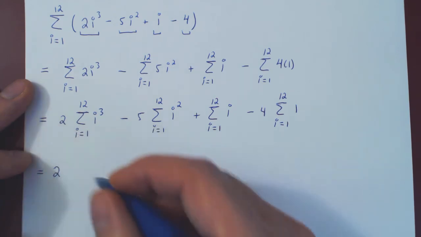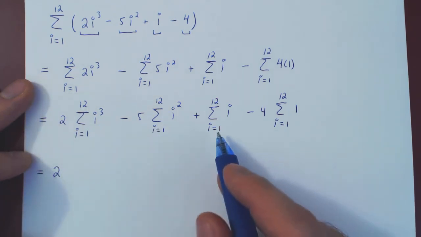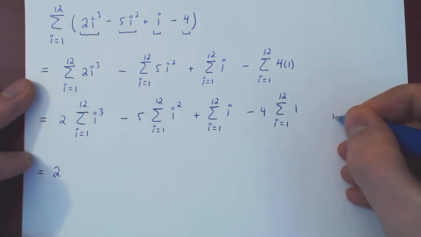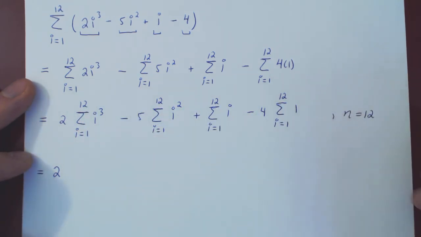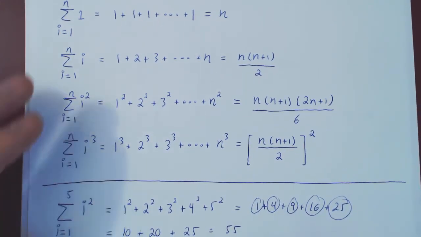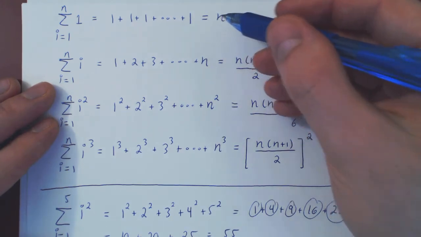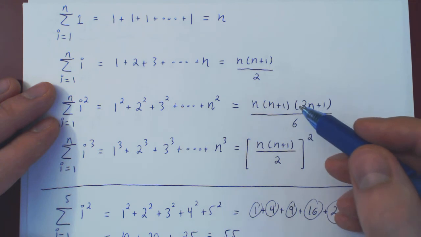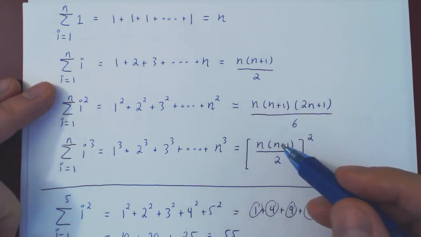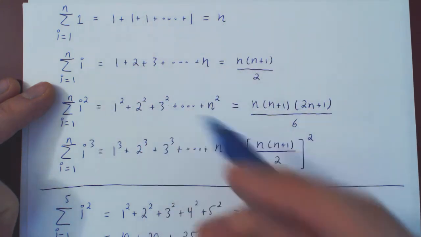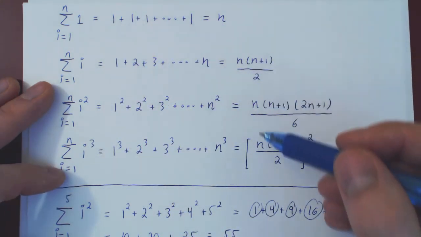Here, n equals 12. I'll just remind you quickly of the formulas for the four sums. It is n times n plus 1 over 2, n times n plus 1 times 2n plus 1 over 6, and n times n plus 1 over 2, all squared, for the four fundamental sums. And I will just use all of these four formulas when n equals 12.